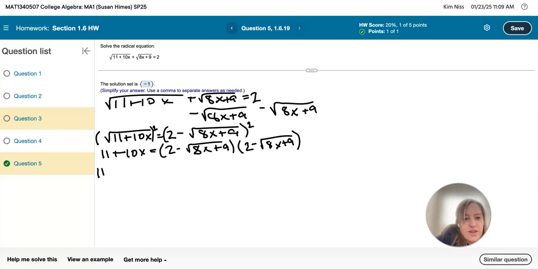So again, the left-hand side gets left alone. And on the right-hand side, you have 2 times 2 is 4, 2 times negative square root 8x plus 9, so you have minus 2 square root 8x plus 9. And then negative square root 8x plus 9 times 2, so you get another one of these.